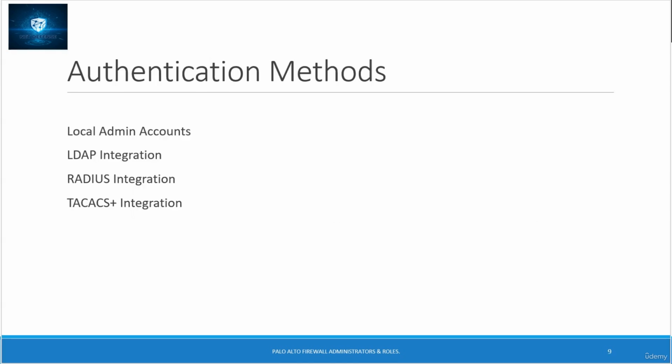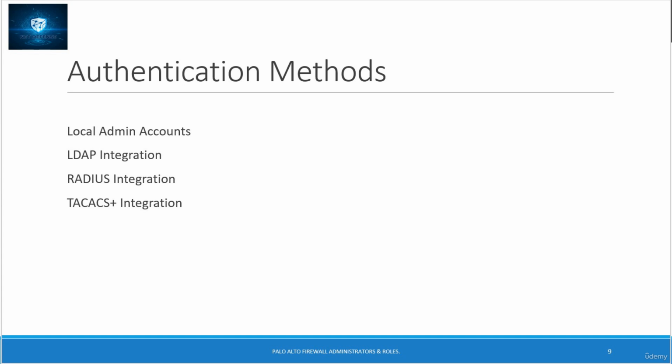All right, next we have the authentication methods. Now, Palo Alto Firewall supports multiple authentication methods for admin logins. You have local admin accounts, which are username and password created directly on the firewall or the Panorama. The firewall and the Panorama will have a local DB, and you can use these administrators to log into the system.